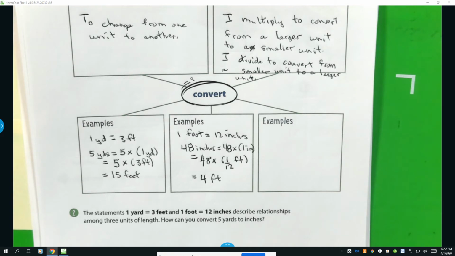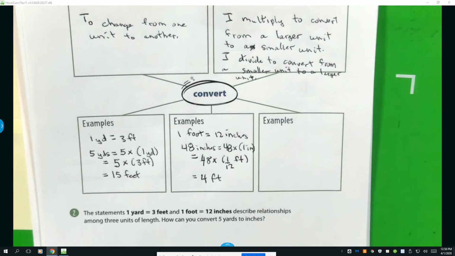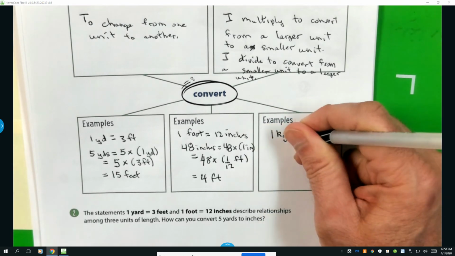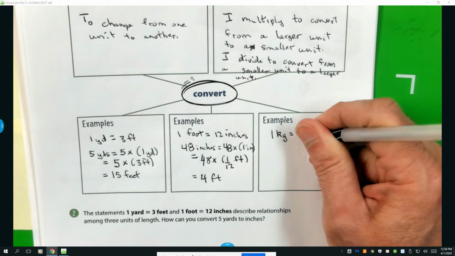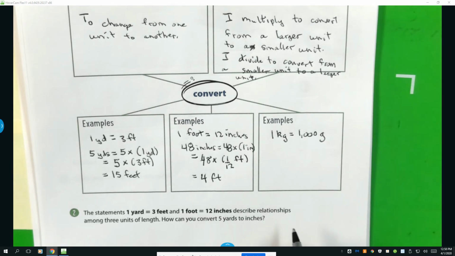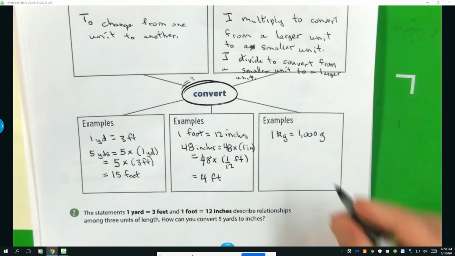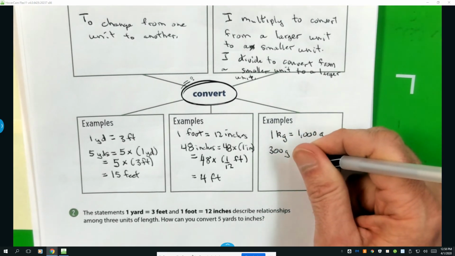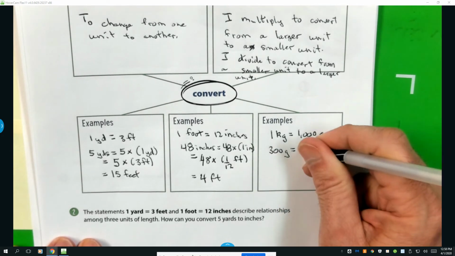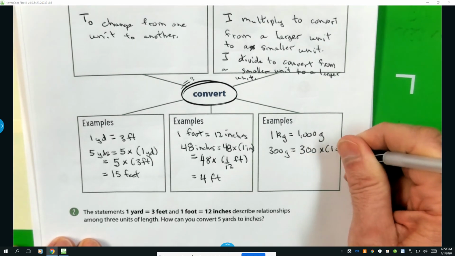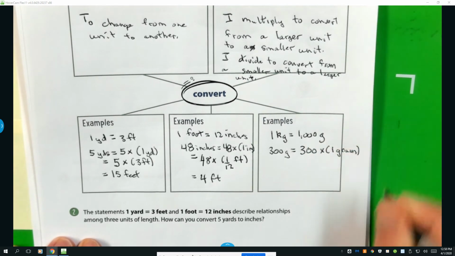All right, our next one, 1 kilogram equals 1,000 grams. So if I have 300 grams, equals 300 times 1 gram.